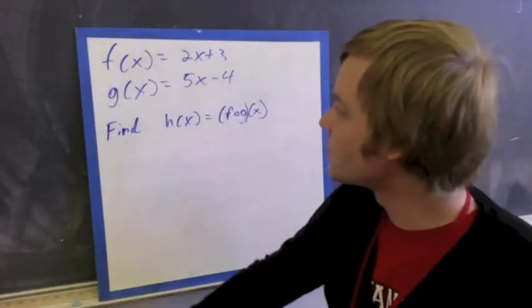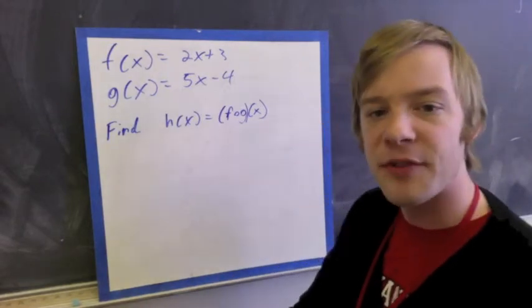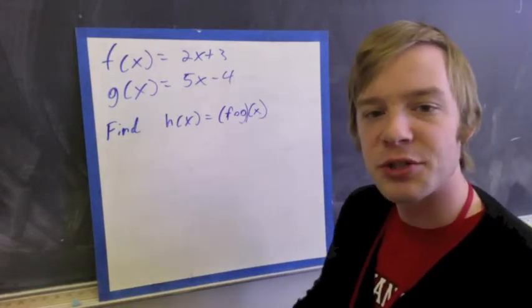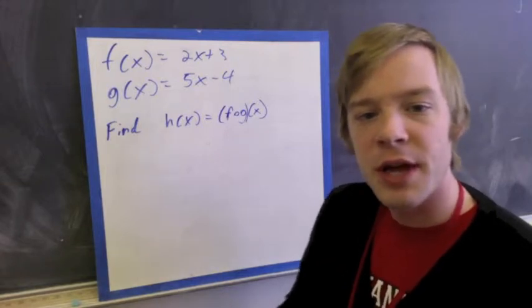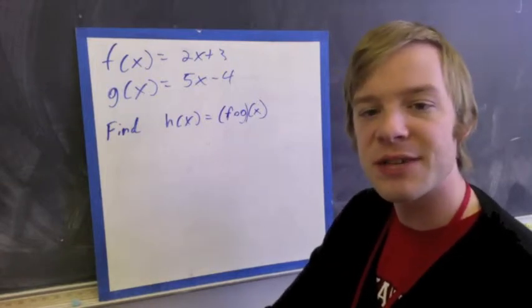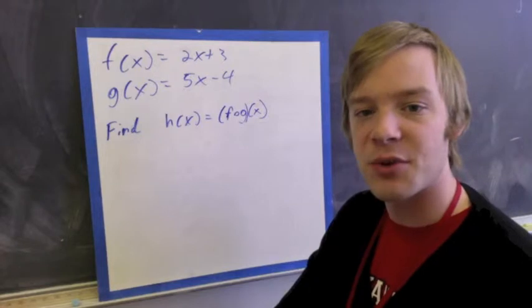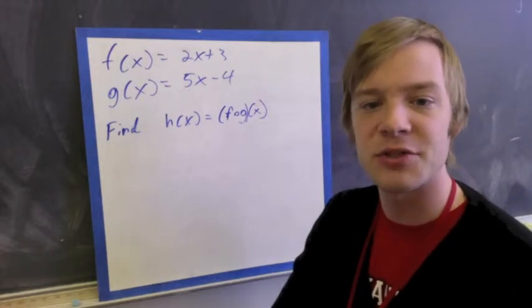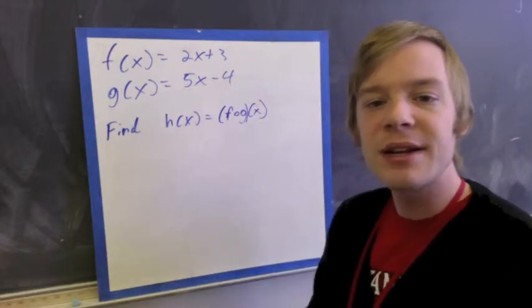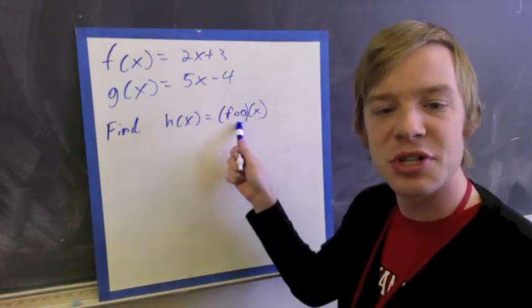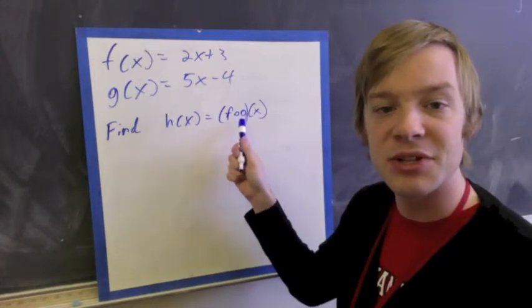Here we're told that f of x equals 2x plus 3 and g of x equals 5x minus 4. And we want to find h of x, which is equal to f of g of x, or the composition of f and g of x. So we know that since this g is second, g is going to be the thing that's inside of f.